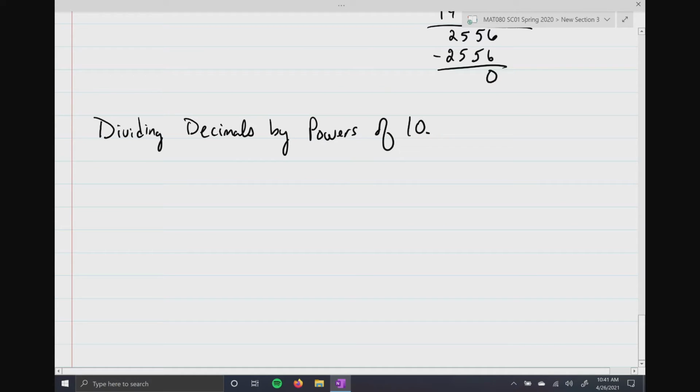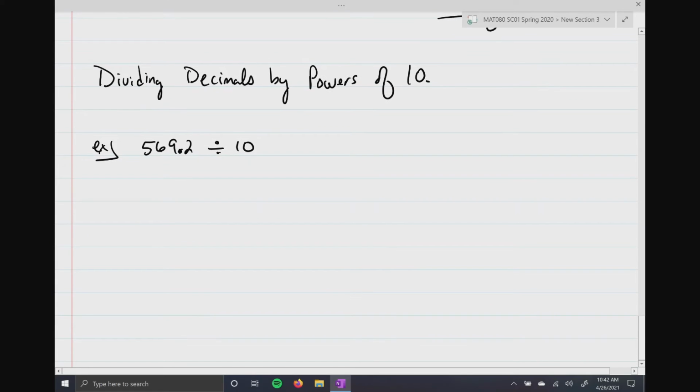Okay? So for example, let's say we wanted to divide 569.2 divided by 10. Well, you can go ahead and do this the old school way. The old school way is to write the 10 on the outside, 569.2 inside.